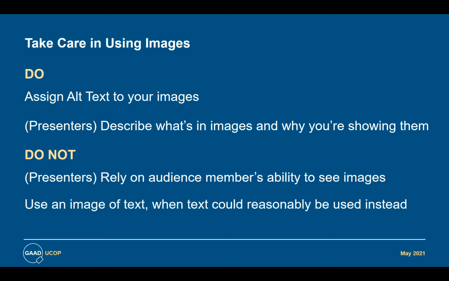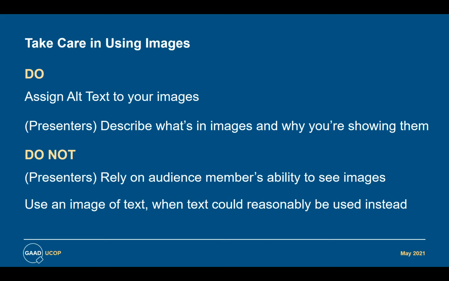Another bit of do not guidance, try not to use images of text when text could reasonably be used instead. So something I used to see fairly frequently, folks would send out an image of a memo or a document. Assistive technologies aren't going to be able to read that. They're certainly not going to be able to read the text within those images. So instead, send out the memo or the document or copy the text from them and paste that into a communication.